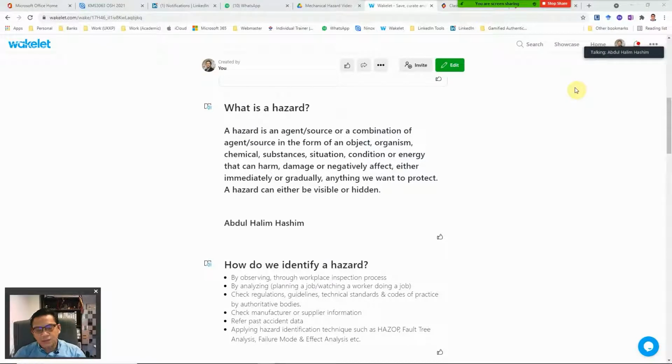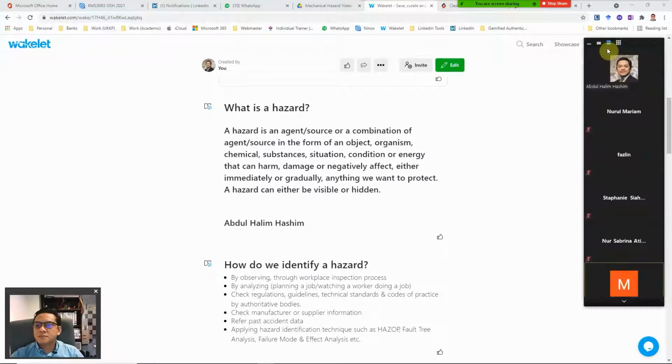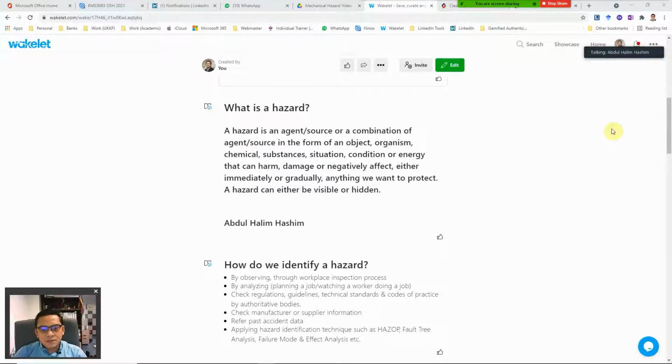A hazard is an agent or a source, or a combination of agents or sources, in the form of an object or an organism or a chemical or a substance, a situation, a condition, or an energy that can harm, damage, or negatively affect either immediately or gradually, sama ada dengan segera, serta-merta, ataupun mengambil sedikit masa, anything that we want to protect. A hazard can either be visible or hidden.